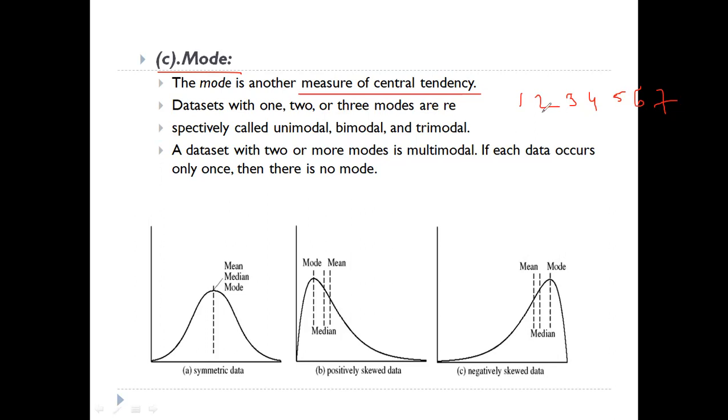Here each value is represented only one time, right? This kind of representation is called unimodal representation.